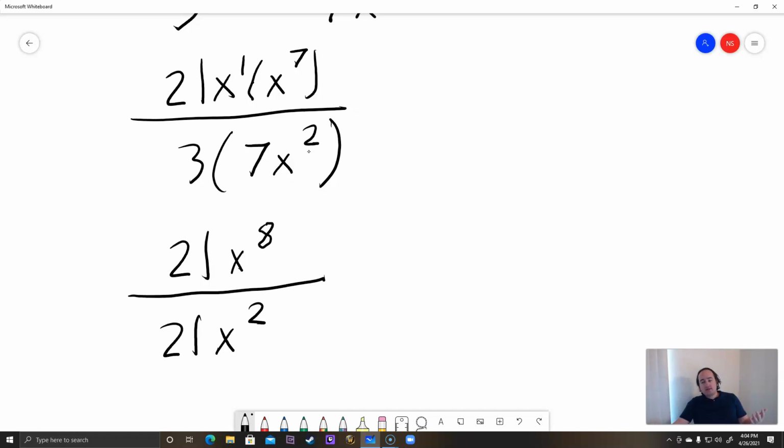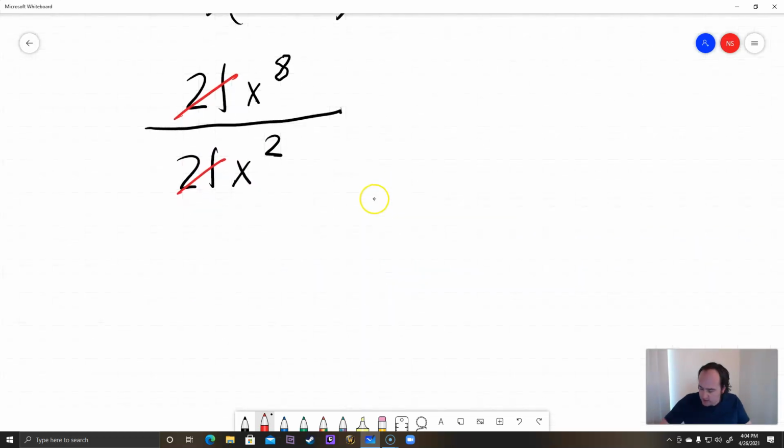What do we have to do next? We have to simplify this a little bit more. First of all, notice that we have a 21 on the top and the bottom, so we can just cross out the 21s. Then if you're dividing exponentials with the same base, you subtract the exponents. So x to the 8 divided by x to the 2 is going to be x to the 8 minus 2.